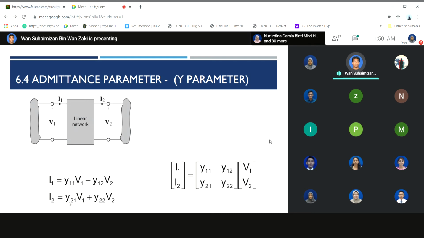So in this equation, basically I1 equals Y11 V1 plus Y12 V2, I2 equals Y21 V1 plus Y22 V2. Basically this is the general equation for Y parameter. If you put it in matrix form, it will be like this: I1, I2 equals the matrix Y11, Y12, Y21, Y22 times V1, V2. If you expand this matrix, it will be the same as this general equation.